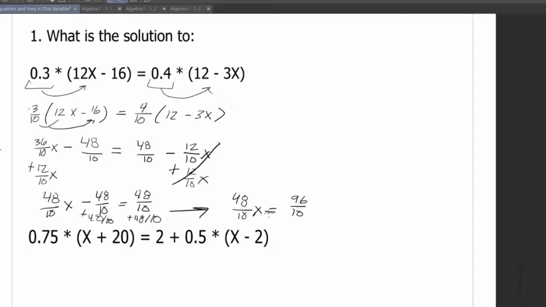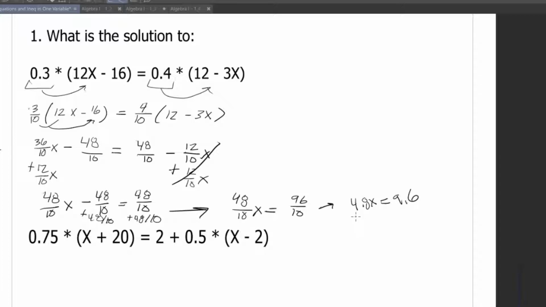After that, we want to solve for x. There's two ways you could really do this. You could divide this out, or you could keep going with fractions. I'm just going to make this numeric since it's an easy denominator. There's probably another problem in the list where it doesn't simplify like this, but we have 4.8x equals 9.6.